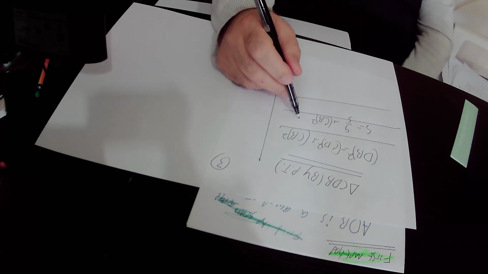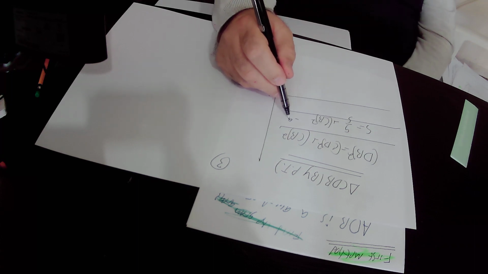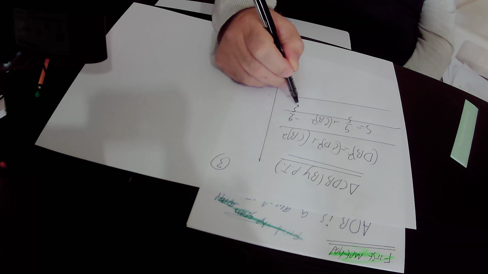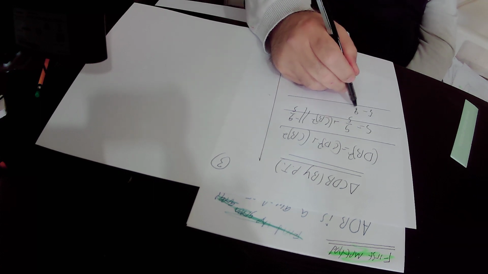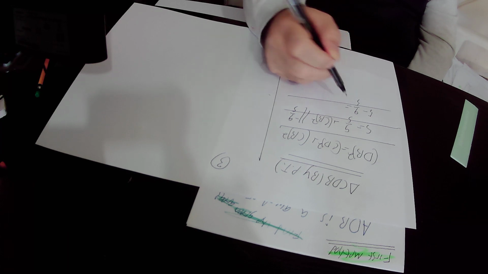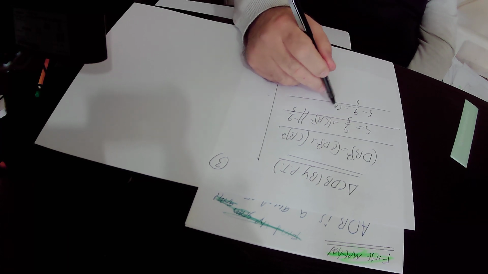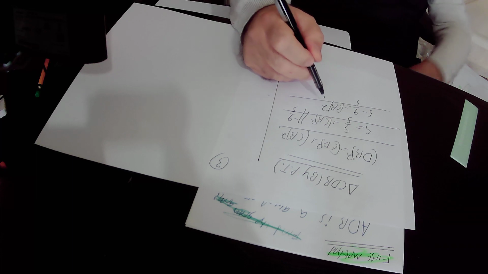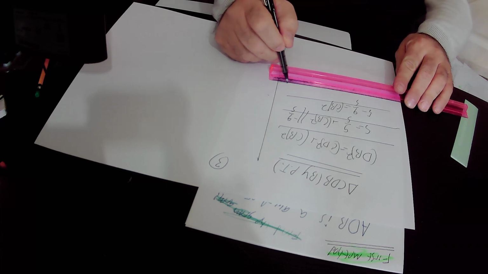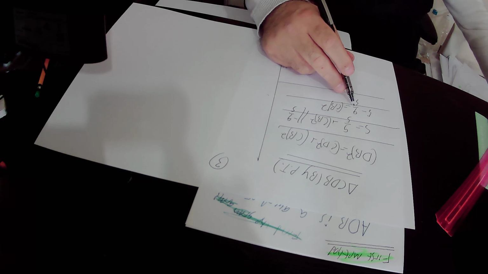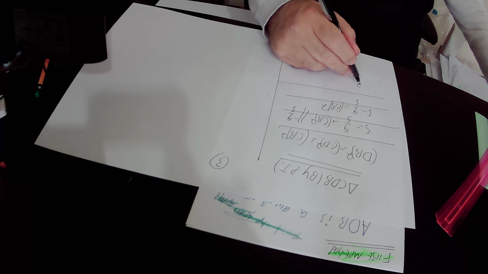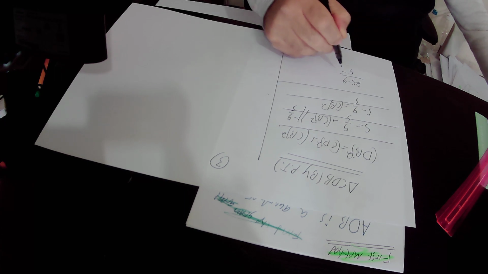Here we'll subtract 9/5 from the equation and we'll get that 5 minus 9/5 equals CB squared. We multiply 5 by 5 and divide by 5 in order to remove the fraction. 5 times 5 is 25, minus 9, over 5, equals CB squared.